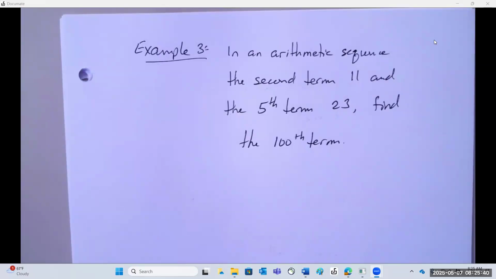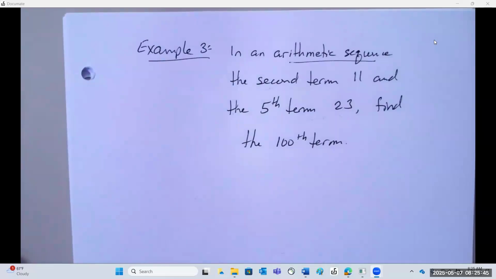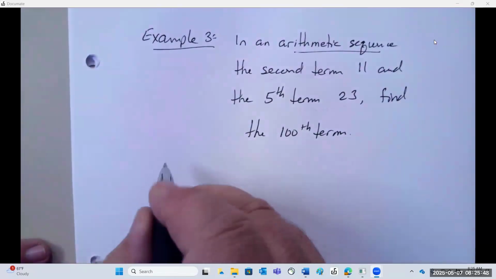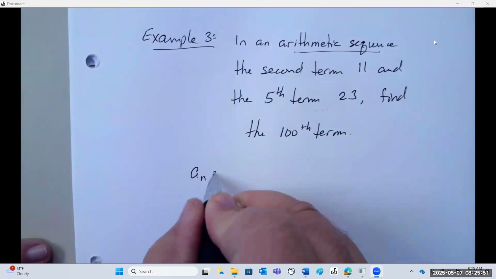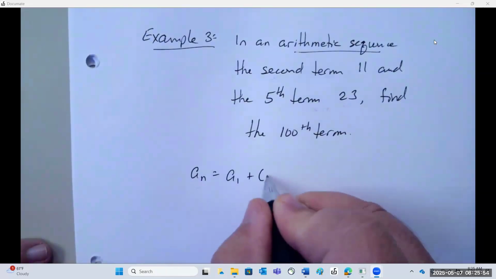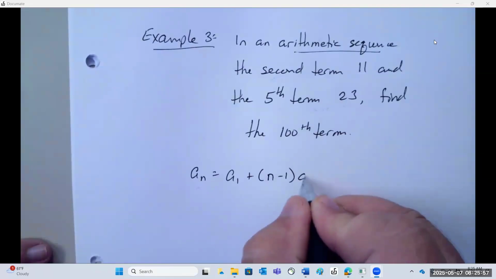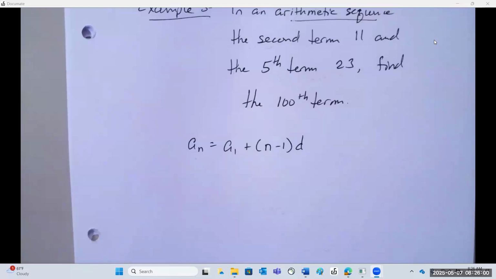So how do we do that? It's arithmetic, so we know we have to use what formula? Do we know anything else from this?